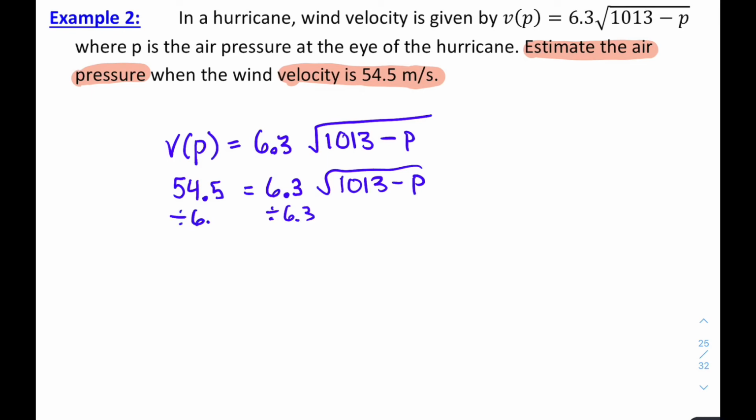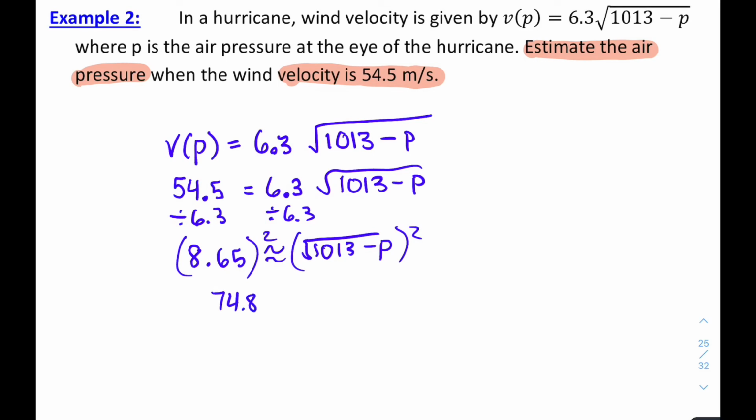So get the radical by itself by dividing both sides by 6.3. And then you get approximately 8.65 equals the square root of 1013 minus p. Square both sides to get your variable out of the radical.